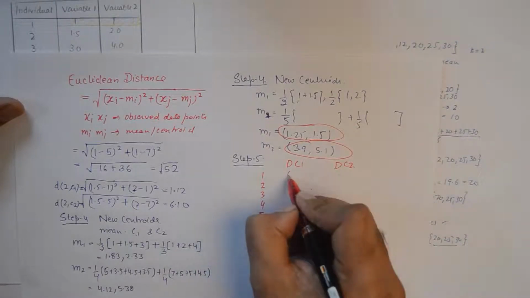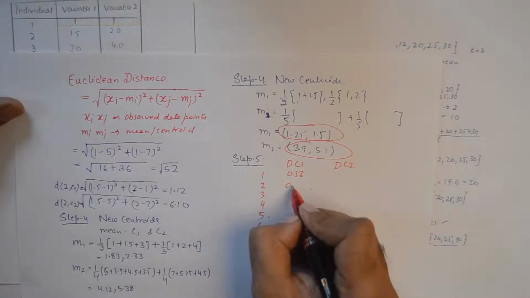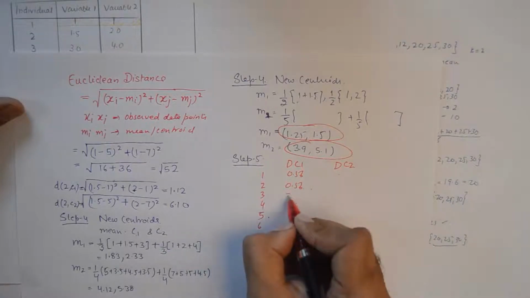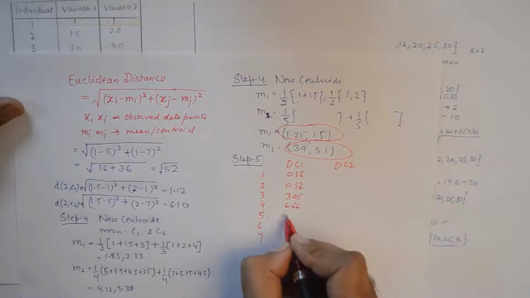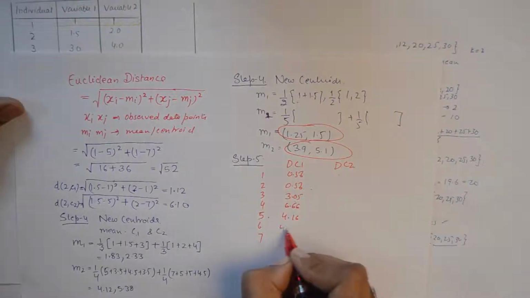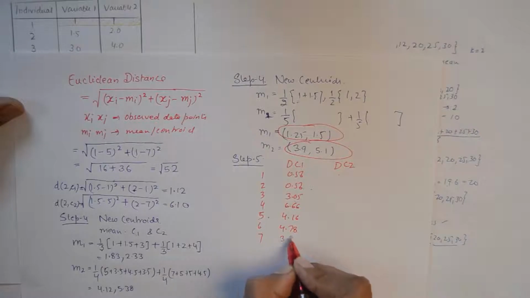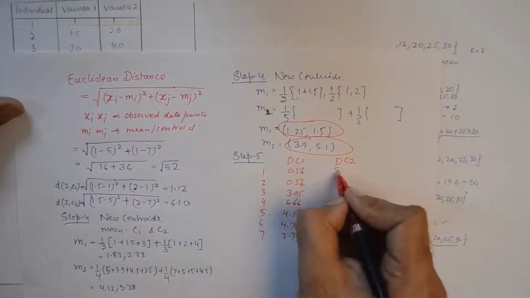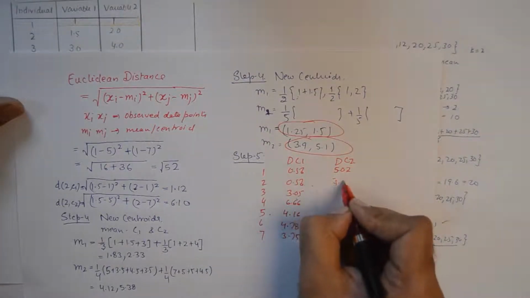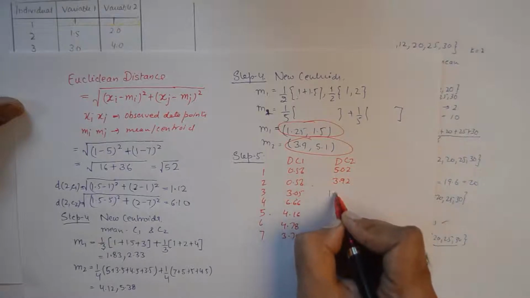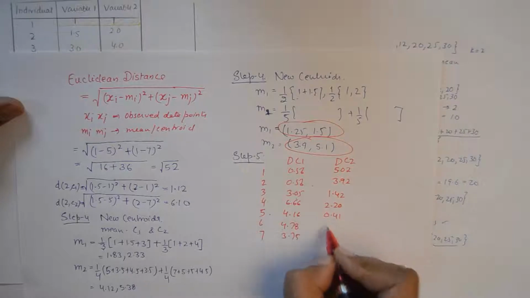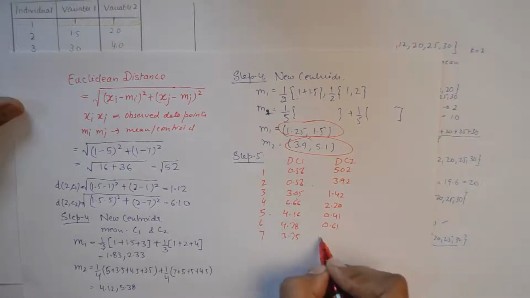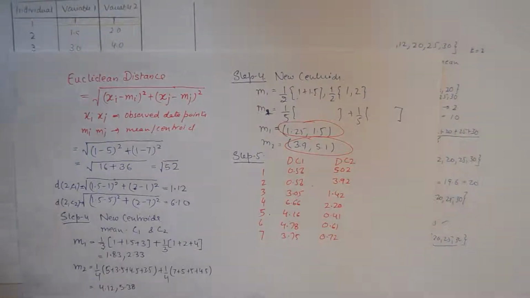It will come out to be 0.56, 3.05, 6.66, 4.16, 4.78, 3.75, and 5.02. So you need to show all these iterations, all these calculations in the examination.